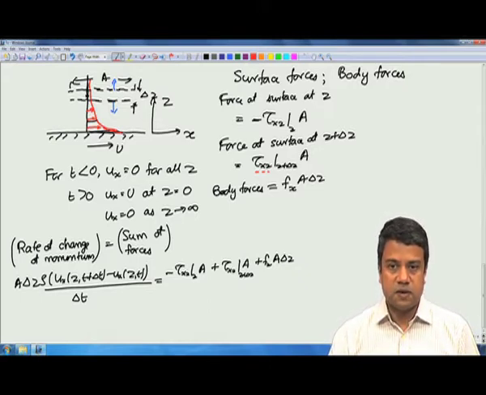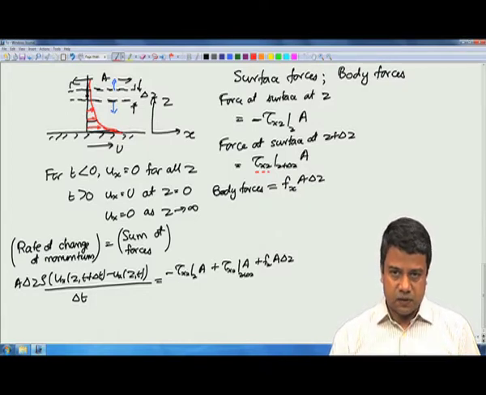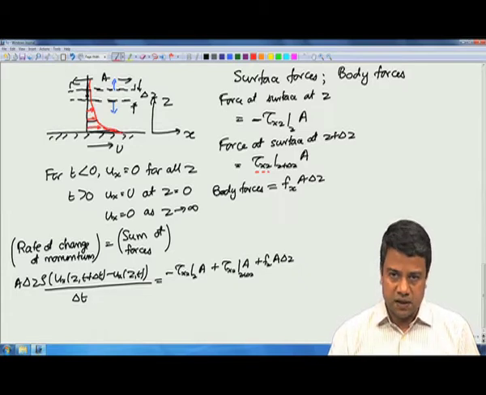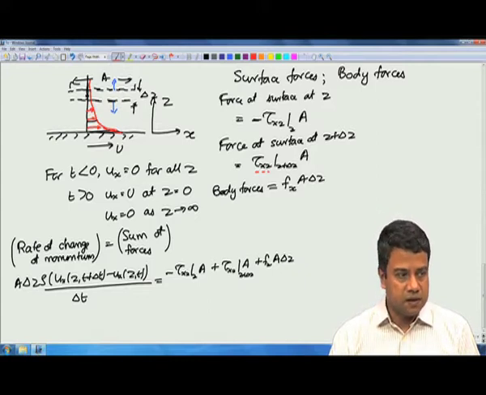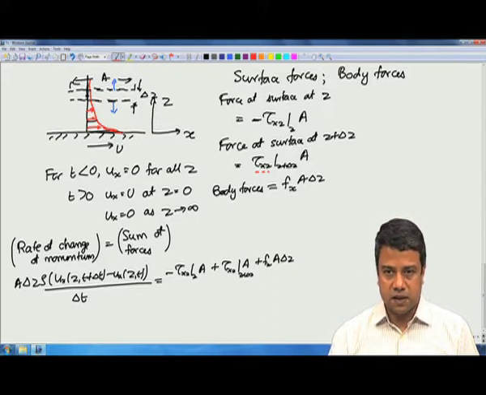The x corresponds to the direction of the force. The second is the direction of transport. That x momentum is being transported in the z direction. Just as we had mass and heat transport in the z direction in the previous problems that we had solved, in this case the x momentum is being transported in the z direction.